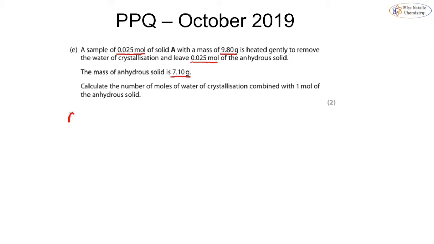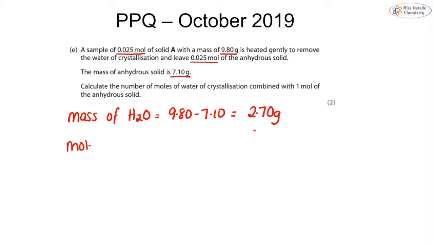But the best way to do it is work out the mass of water, which is 9.80 minus 7.10, which gives you 2.70 grams. Then work out how many moles that is. So 2.70 divided by 18 is 0.15 moles.